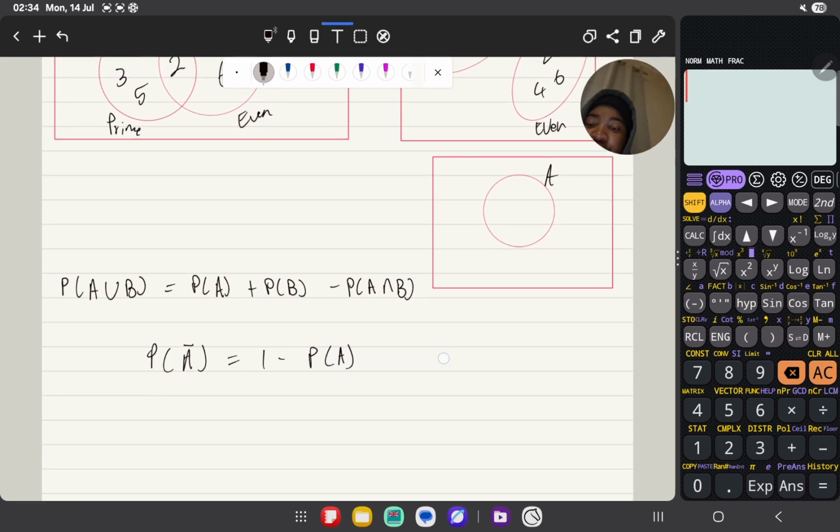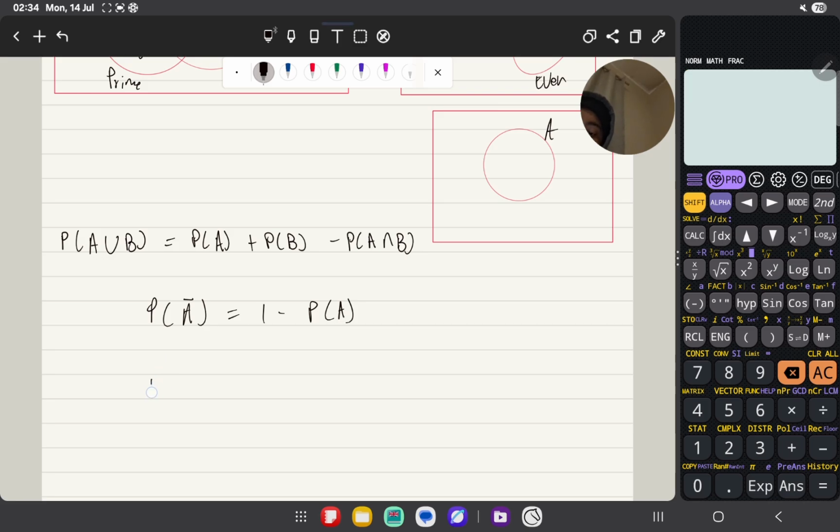So on our example, what's the probability of getting not a prime and even on a die? The probability of getting not a prime and an even will be 1 minus the probability of getting prime and even.